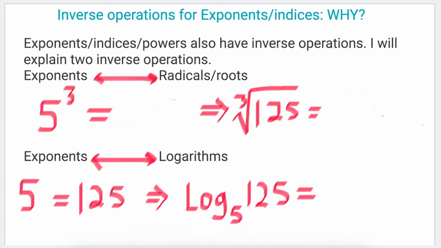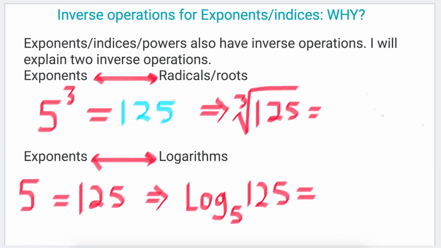The concept of inverse operations can be extended to exponents. In this part of the video, I want to explain why. So the first thing is to recognize that exponents have an inverse operation, and this inverse operation can be seen in two ways. One is through radicals, and the second way is through logarithms. So the first way, through radicals: let's say you have 5 cubed is equal to, and you want to know what the result is. 5 cubed means that you're multiplying 5 times 5 times 5, which equals 125.